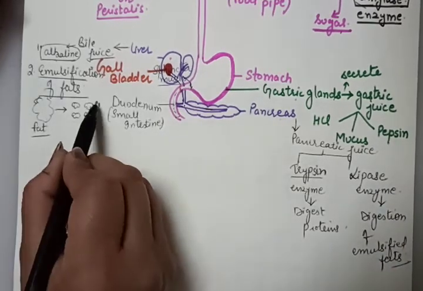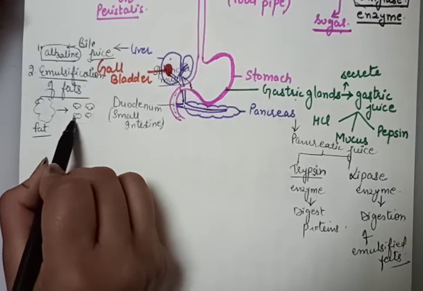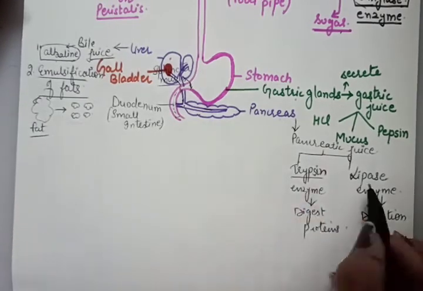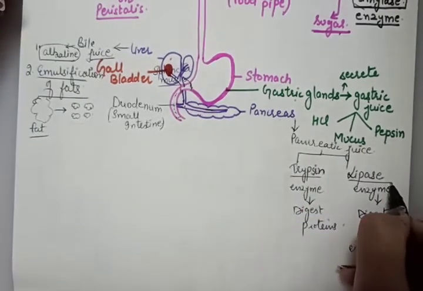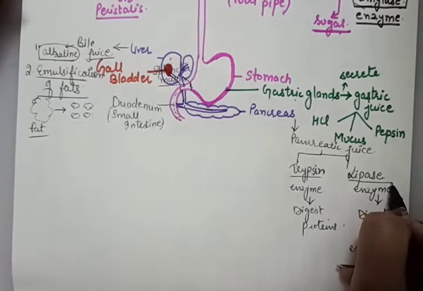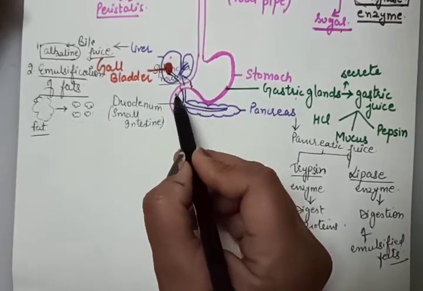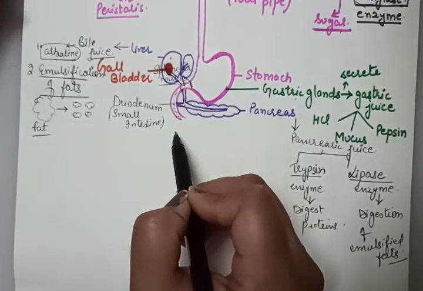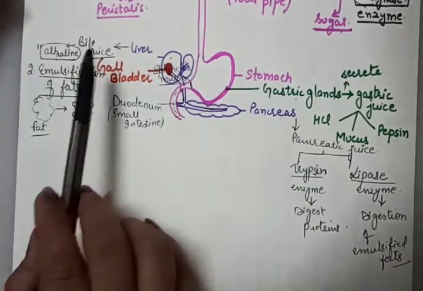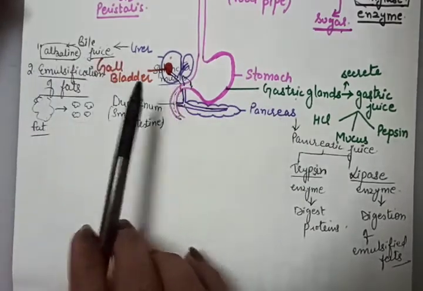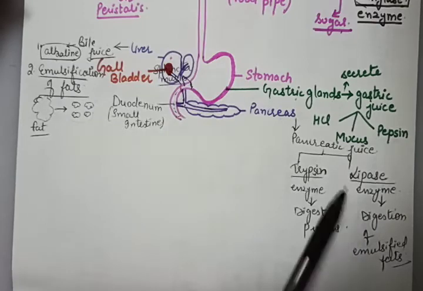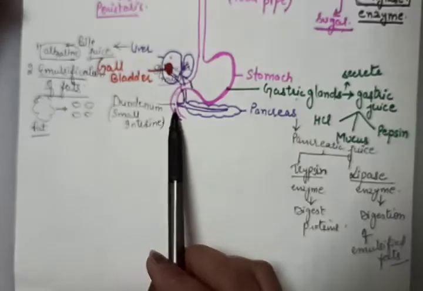These small fat globules get digested easily by the lipase enzyme. Where does this whole process occur? This whole process occurs here in this part of the small intestine. Now the bile juice has done its function and the pancreas has also done its function.